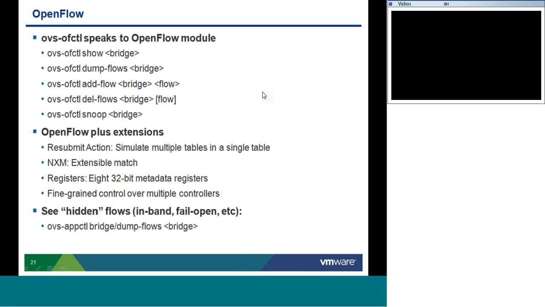So there are certain rules that we hide from the controller, so that it can't interfere with those flows. And so the ovs-appctl bridge/dump-flows command will actually display those. And the way that we do that is that we use a priority that's higher than OpenFlow allows to define.